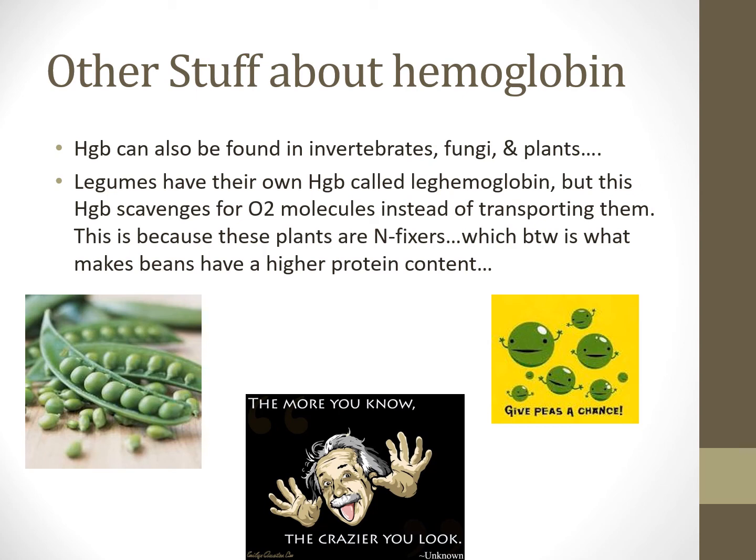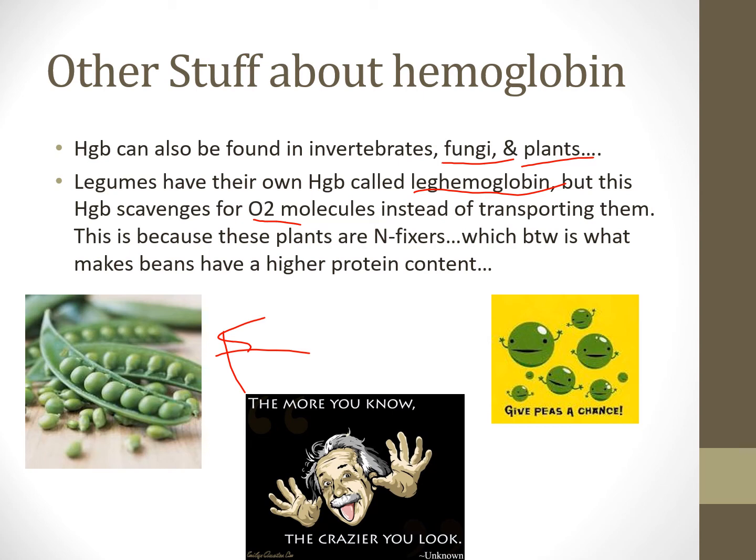I like this type of stuff. Hemoglobin, believe it or not, can also be found in organisms like fungus and plants. That's what gives them their protein. Legumes, right? Good old legumes have their own hemoglobin called leghemoglobin. Isn't that funny? Legume hemoglobin. It looks for oxygen molecules instead of transporting them, so it does it a little differently.